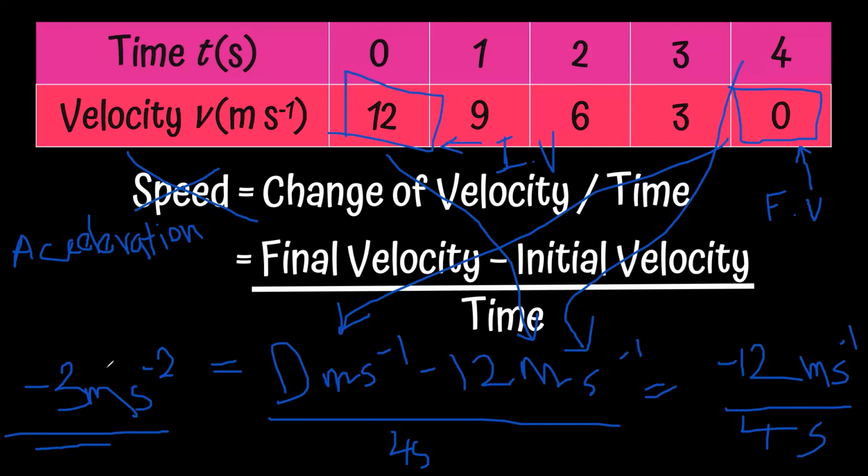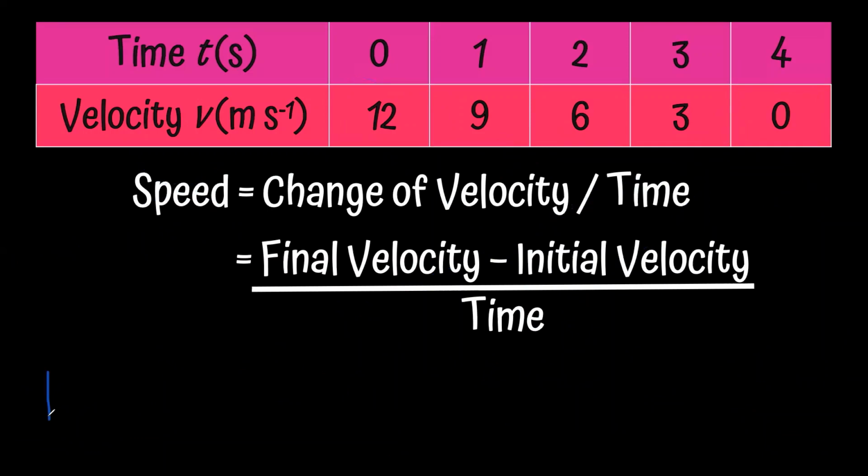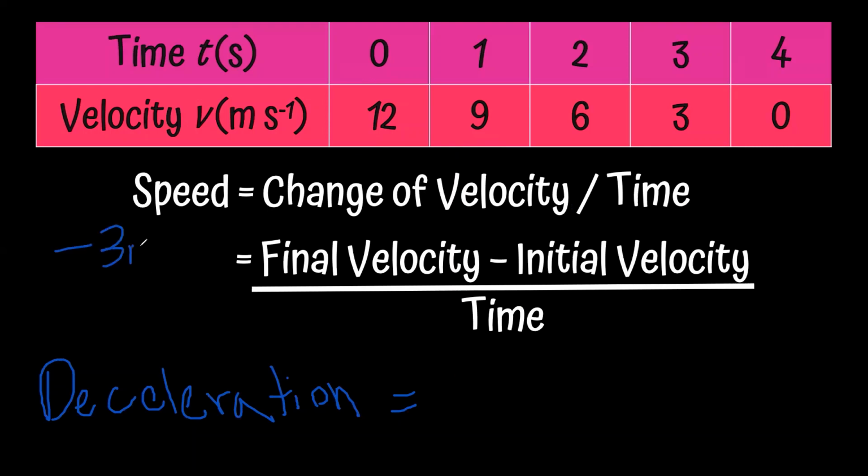We learned that if there's a negative answer, it is a deceleration. So when representing deceleration, we cut that minus and just write it. The deceleration is 3 ms^-2.